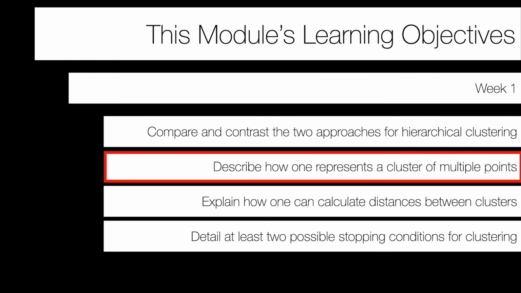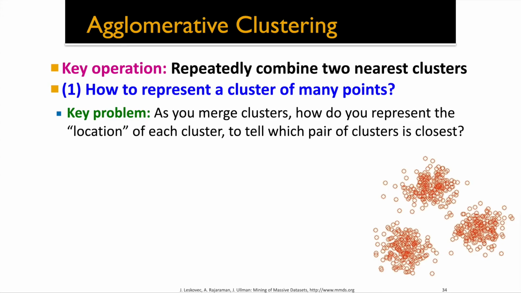So let's answer the first question about how we represent a cluster of multiple points. So the key problem here is when we start combining points into the same quote-unquote cluster, we need to figure out how to represent the location of each cluster now that a cluster has multiple points in it. So here, what is the location of that cluster?